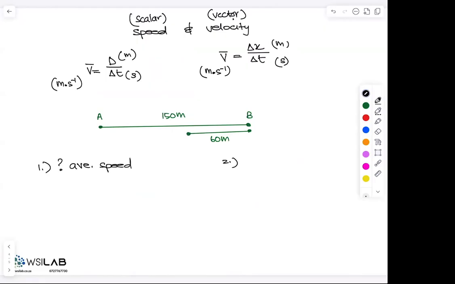The second question is, what is our average velocity? Write all those notes down and see what you can do. Remember, it's distance divided by time. Oh, I have to give you the time. From A to C, it takes 2 minutes. Okay. No rush.